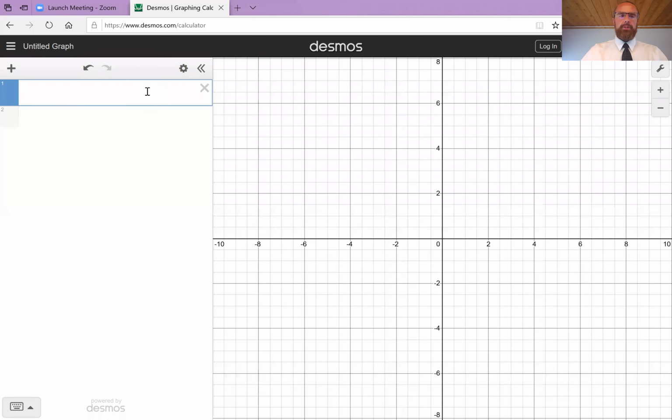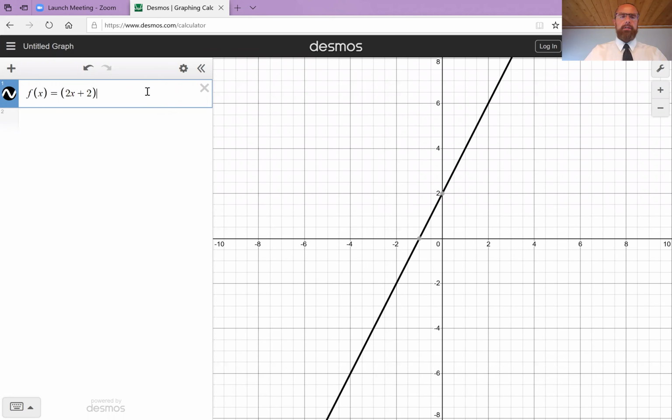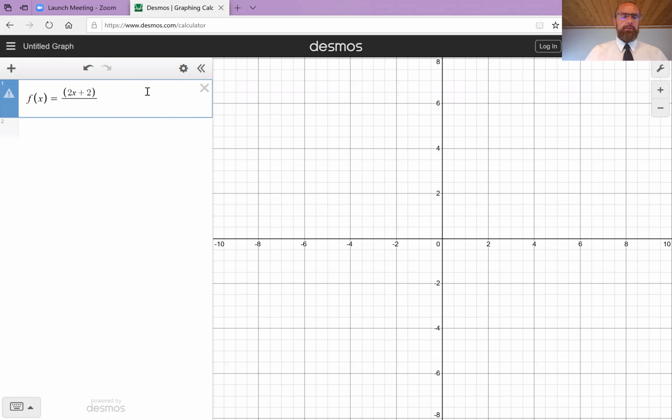So again, I'm just going to type that in, f at x equals, for my numerator, I had 2x plus 2. Put that in parentheses so that it hangs together as a numerator. And then you can do different things for absolute value. The fastest is to type ABS, parentheses, and then I'm going to put x plus 1, close parentheses, enter.